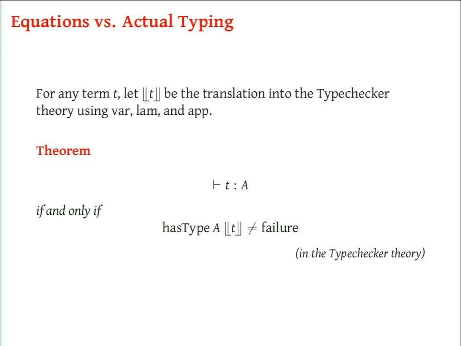And actually, from this equational theory, we can prove that it matches up very closely with type checking. So I have this theorem that a term T has type A if and only if we make this assertion and then we translate this term into just the var, lam, and app constructs, then it won't be failure in the type checker theory.